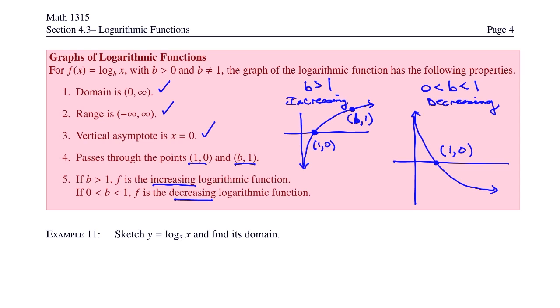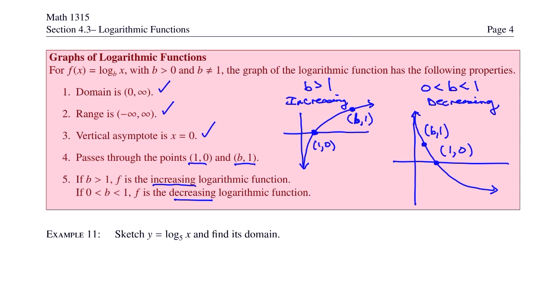And it still goes through the point b, 1. But the b this time is between 0 and 1, so it's actually somewhere in here. And of course, since it's a decreasing logarithmic graph, that point is going to be higher than the point at 1, 0 because the b is less than 1 and the 1 is bigger than the 0.